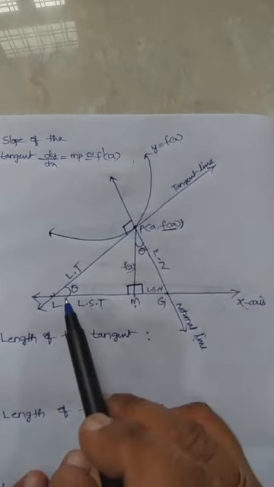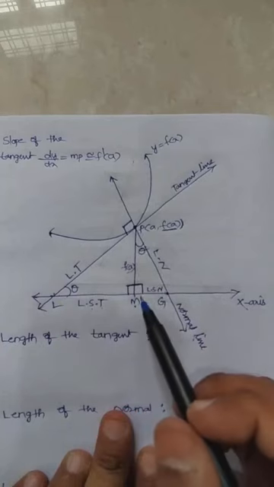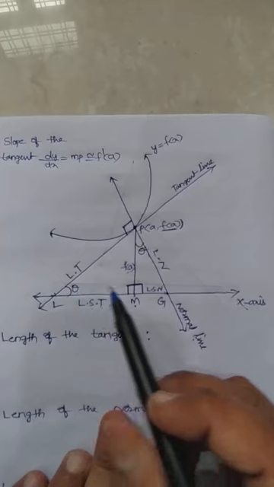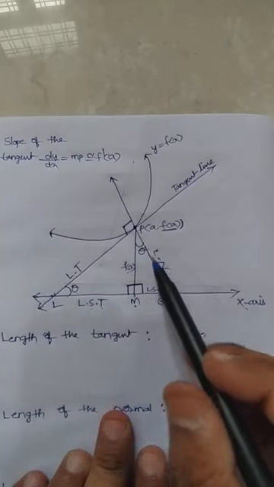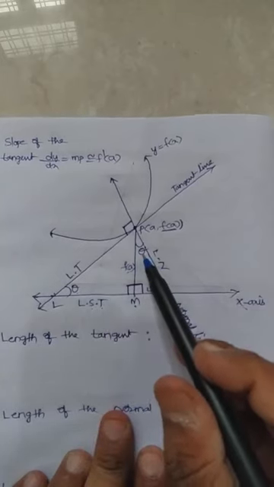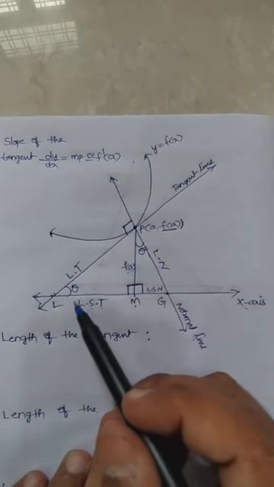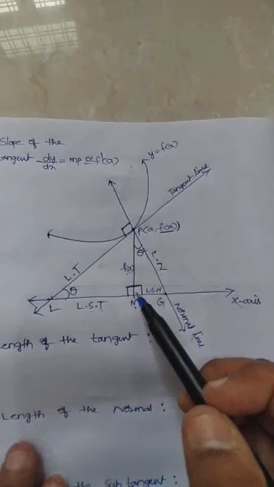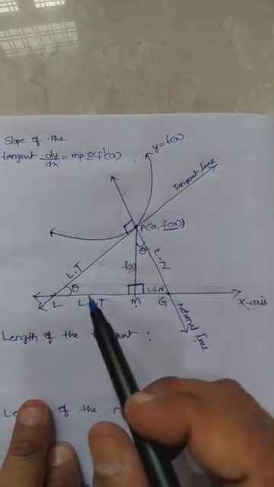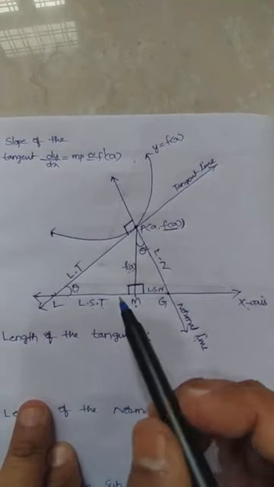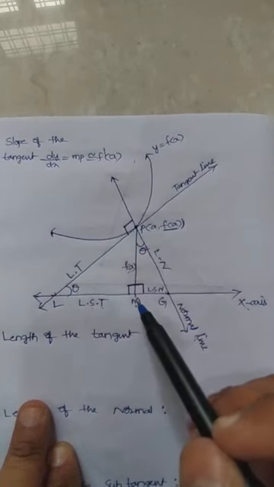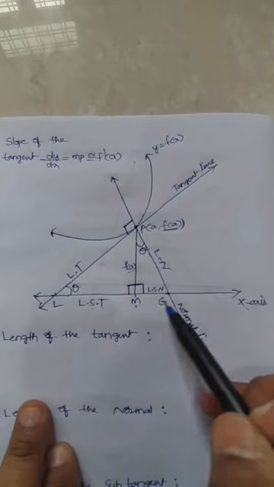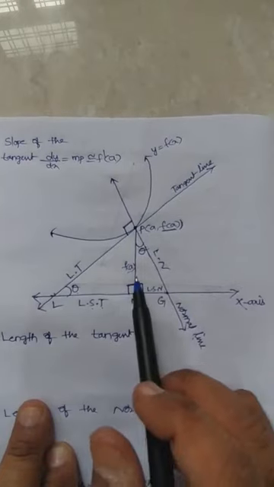Now whenever this angle PLM is theta, then angle MPG is also theta. Already we learned it. These two angles must be equal. So here you are finding two right angled triangles: PLM is one right angle triangle, and the other is PMG.